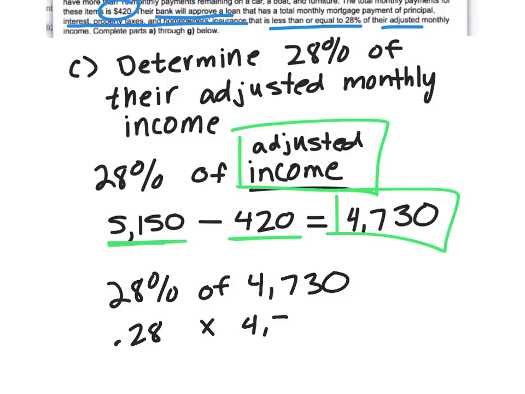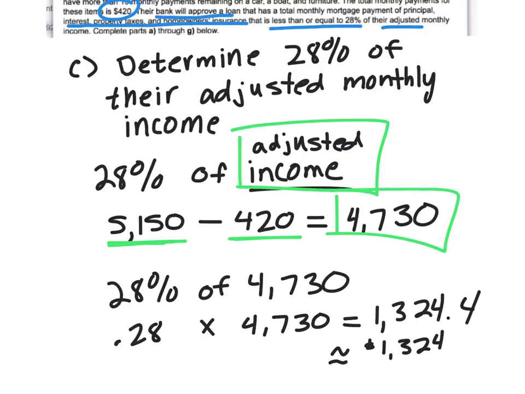We're going to multiply by 4,730, which gives us 1,324.4. And it does tell you in the directions to round to the nearest dollar. So that means that this will be rounded to $1,324. So 28% of their adjusted monthly income is $1,324.